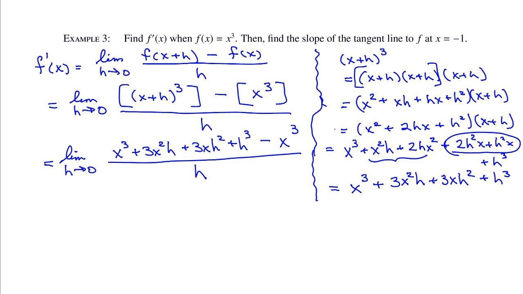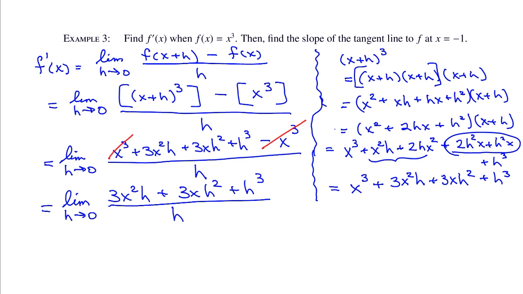All right, what cancels? X cubes cancel. And that leaves me with the limit as h goes to 0 of 3x squared h plus 3xh squared plus h cubed over h.